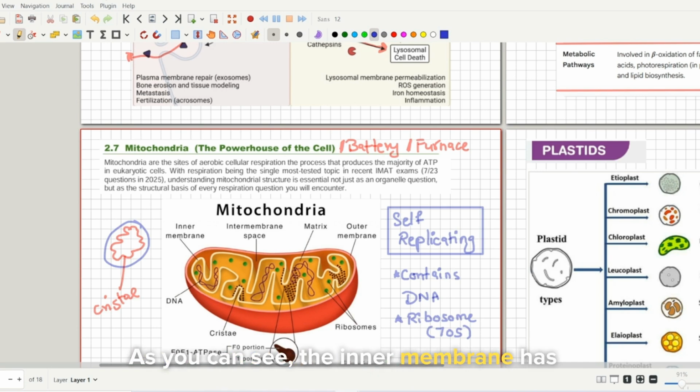As you can see, the inner membrane has crests, and it is velvety and does not have a definite shape. That's why we say that mitochondria is a double membranous organelle. We don't say that it contains an envelope, but we say that the nucleus has an envelope, and that chloroplast has an envelope. We don't say that for mitochondria, because its inner membrane has a crusty, velvety appearance.